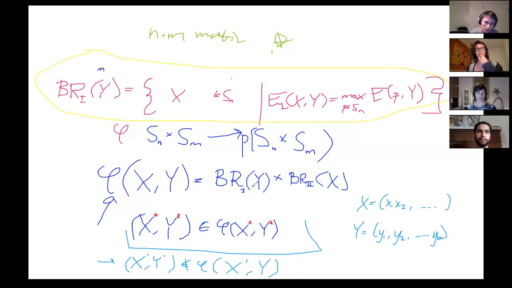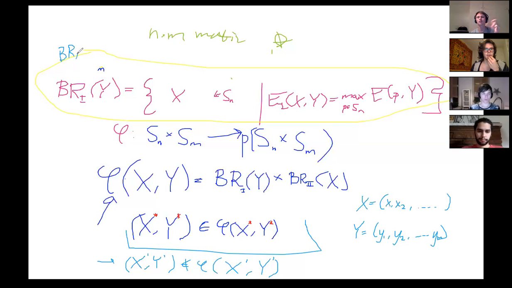Yeah, and should that be Y prime, or should it be Y? Okay, that should be Y prime. Okay, and that's because the best response for Y is the set of X, and it goes through all of it, like maxes out the expected return for all of Y. I mean, best response 1 is for player one's best strategy when player two is playing the strategy Y. Yeah.